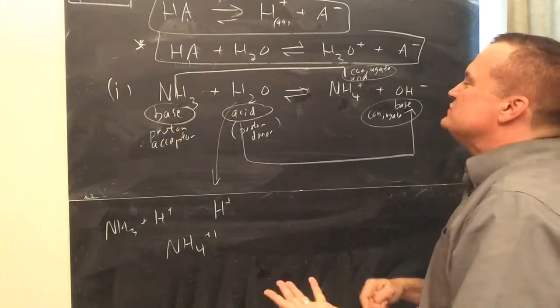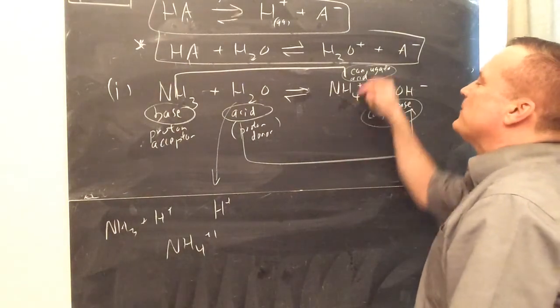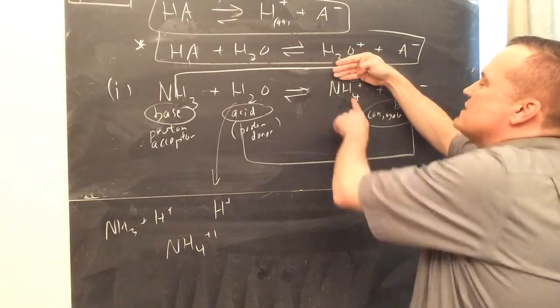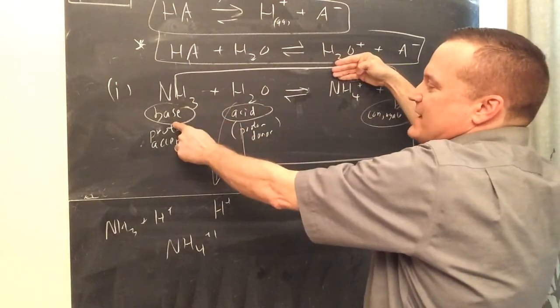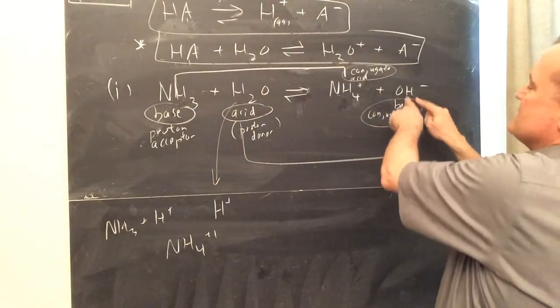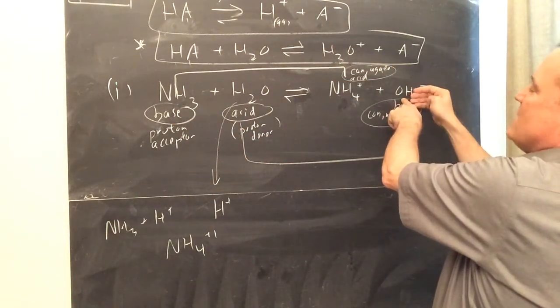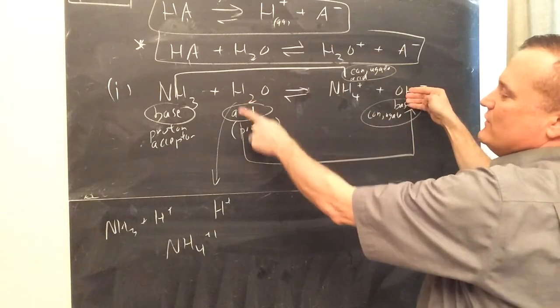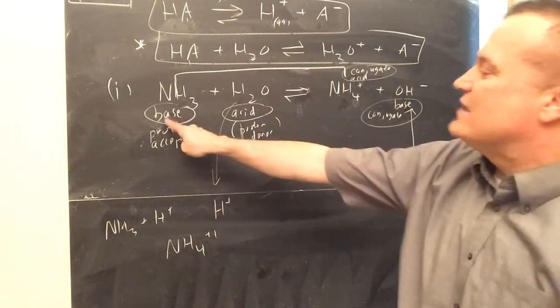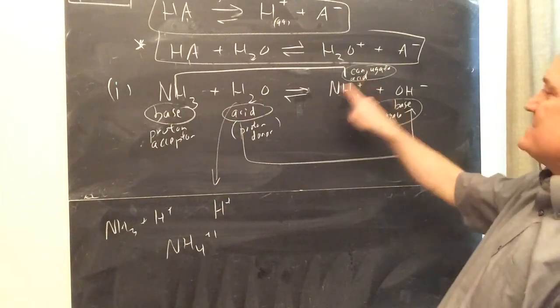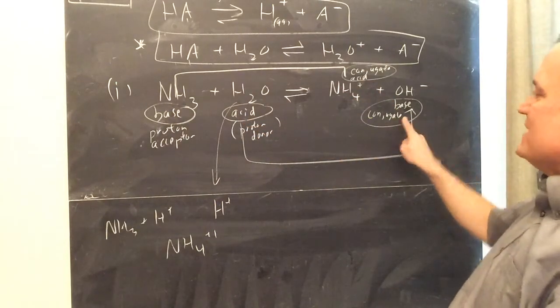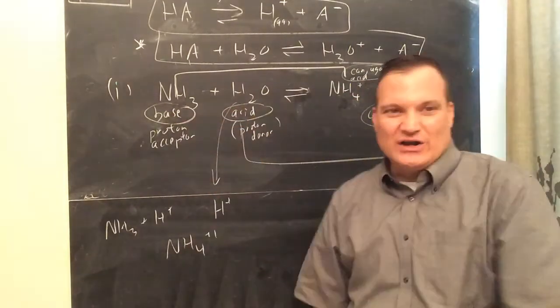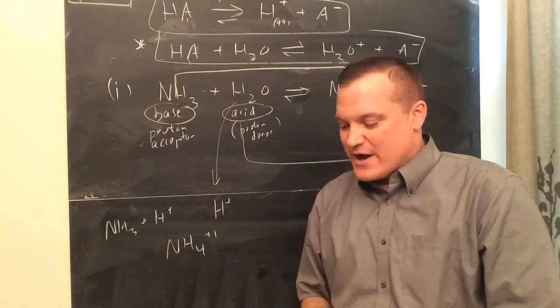So you could just as well say, NH4 plus, what is its conjugate? Its conjugate would be NH3, which is a base. Or OH negative is a base. What is its conjugate? Its conjugate is H2O, acid. So you could say conjugate base, conjugate acid, conjugate acid, conjugate base. You can really use the word conjugate for all of them. It's just a matter of who you compare it to.